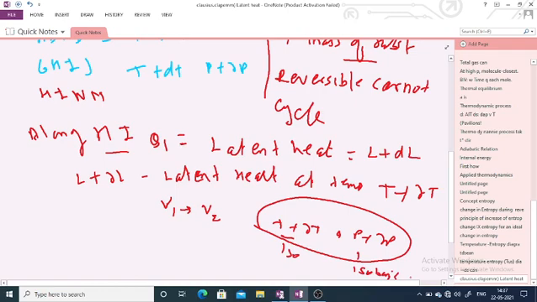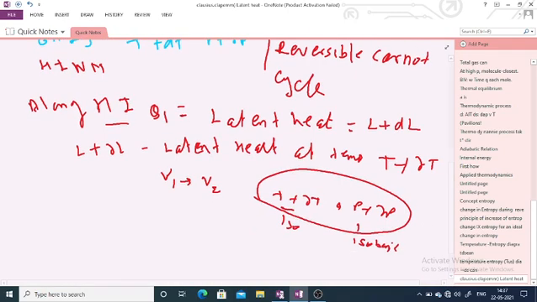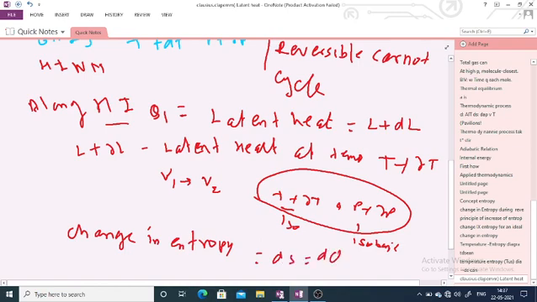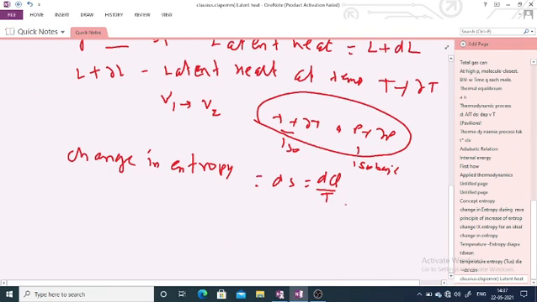So, for this isothermal, isobaric process, the change in entropy, according to your basic formula, is dS equal to dQ upon T. In this case, dQ is the amount of heat absorbed, L plus dL, and the temperature is T plus dT.